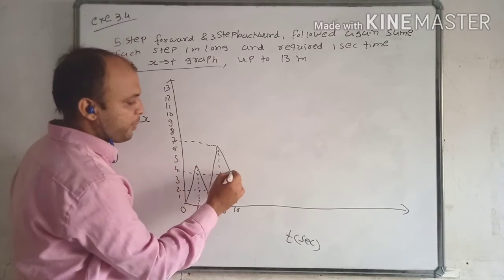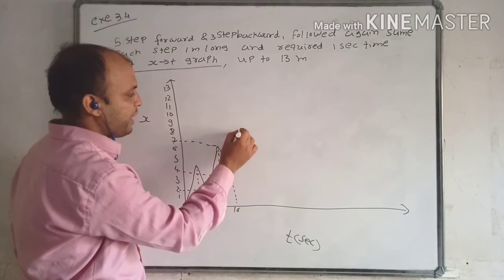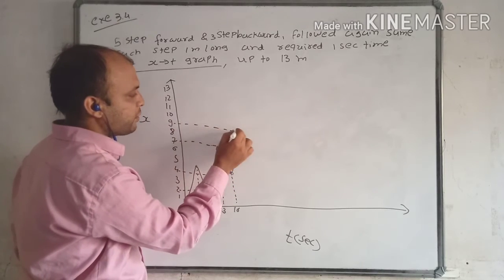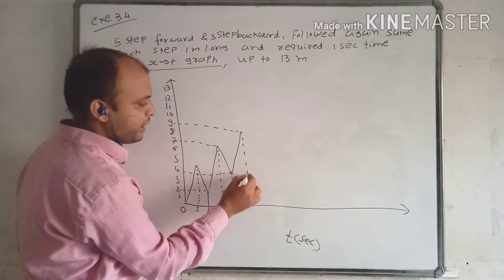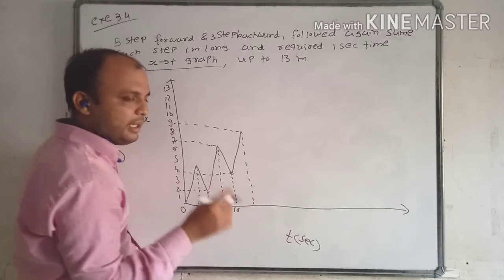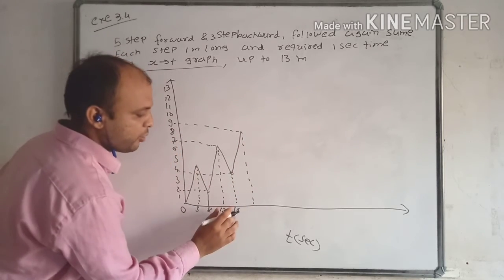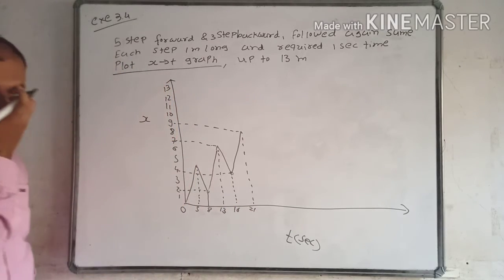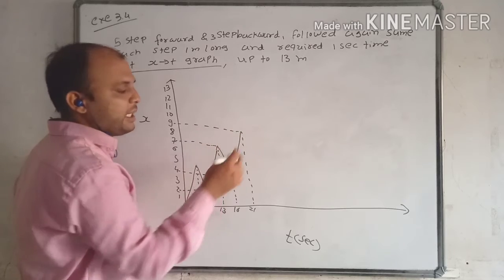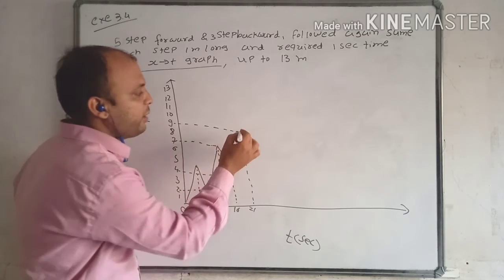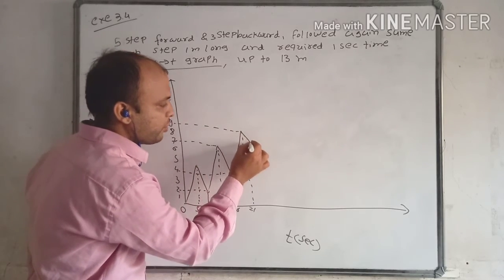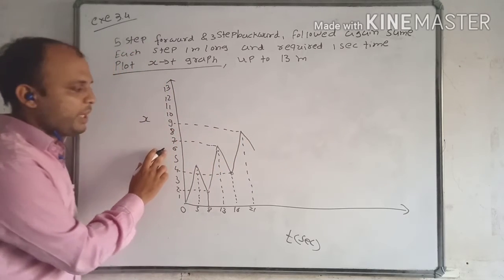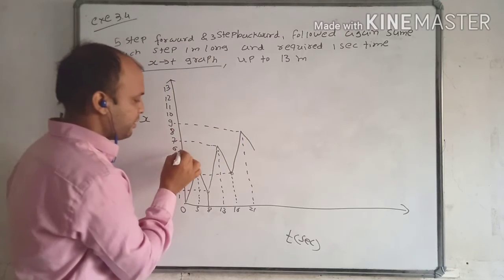So 4 plus 5, he reached 9 meters. To reach 9 meters, he needs 5 more seconds, so 16 plus 5 is 21. On reaching 9 meters, he again returned 3 steps backward, so he reached 6.